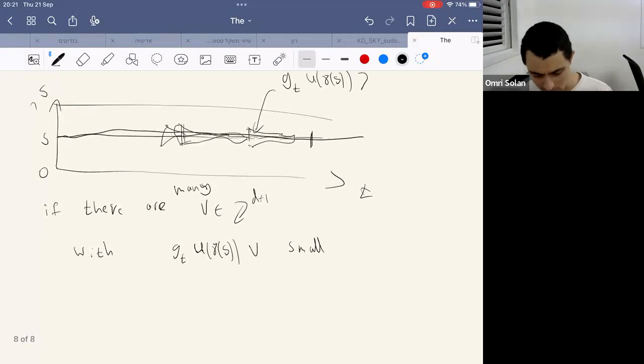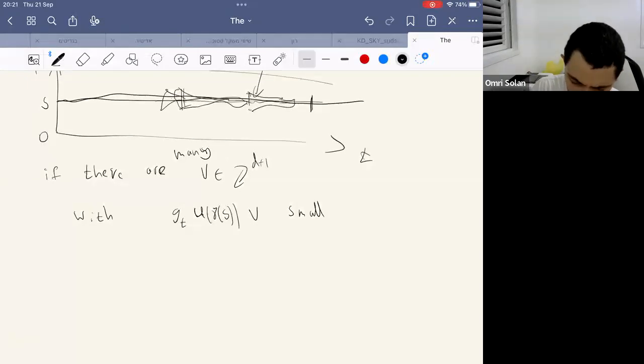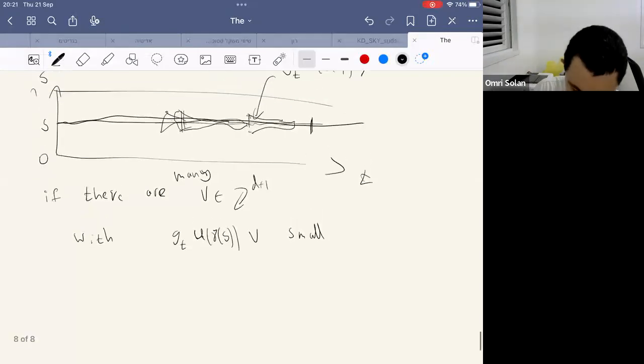Okay, so now I'm going to do something which is not entirely trivial, which is counterintuitive at first. I'm going to go back to fixing t and vary s.